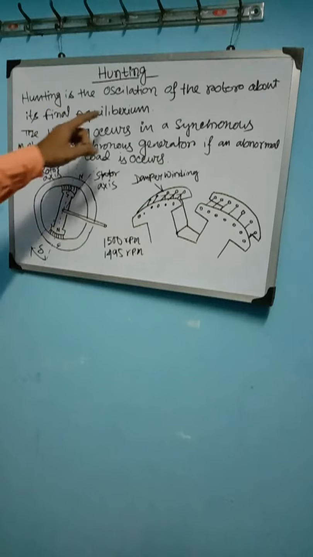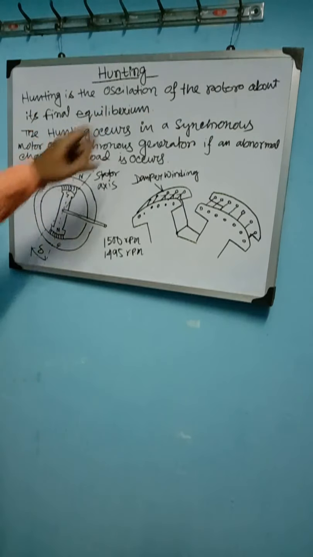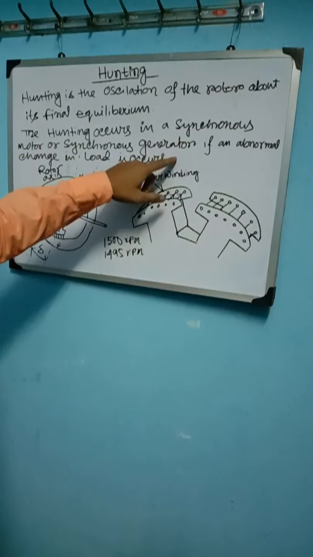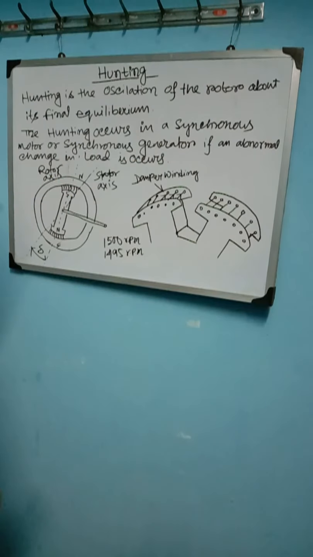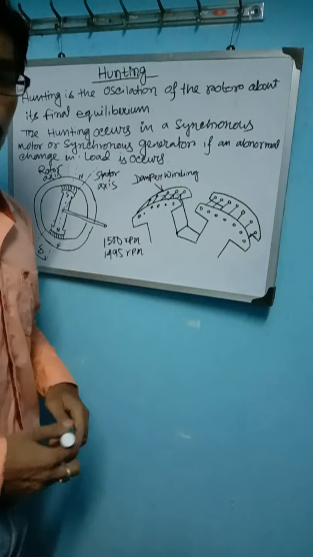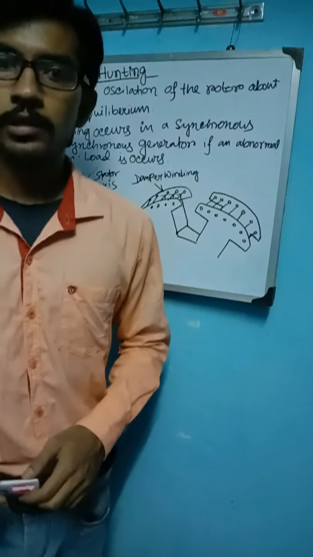Hunting is the oscillation of the rotor about its final equilibrium. And one more thing, hunting occurs in the synchronous motor or synchronous generator if an abnormal change in the load occurs. Not only an abnormal change in load, there are some other phenomena the hunting also depends on. We will discuss them.